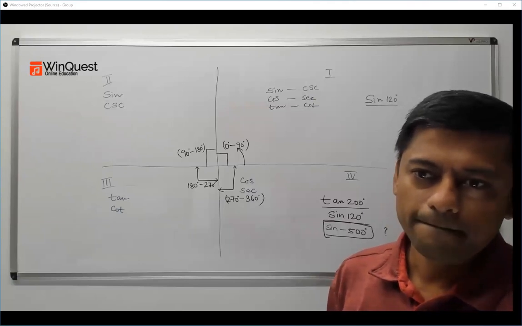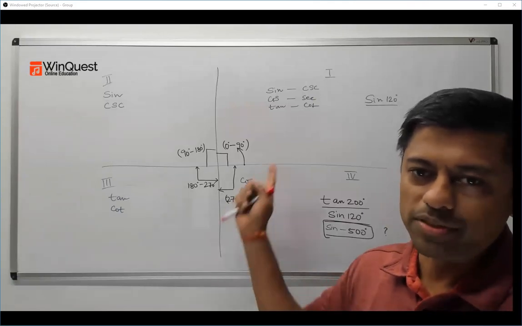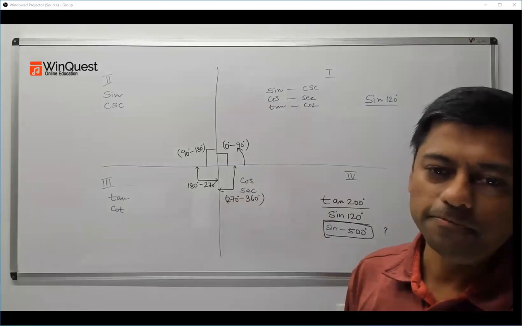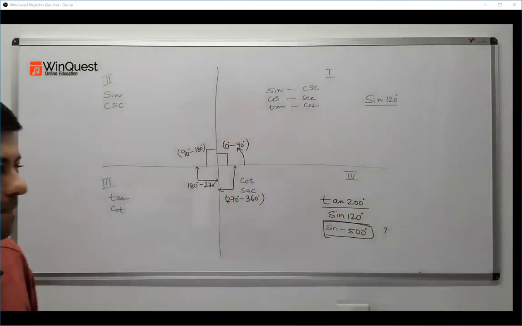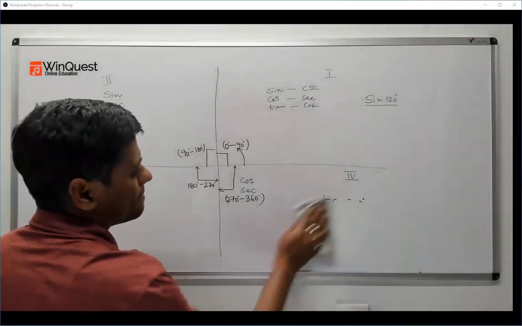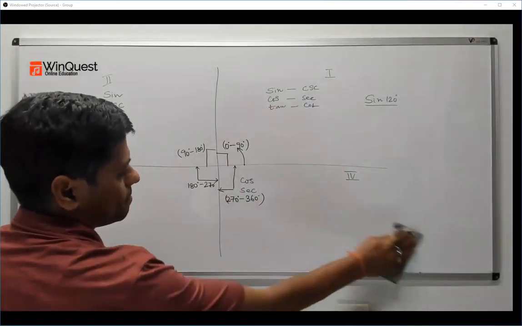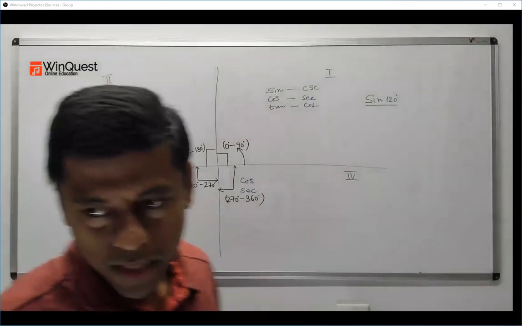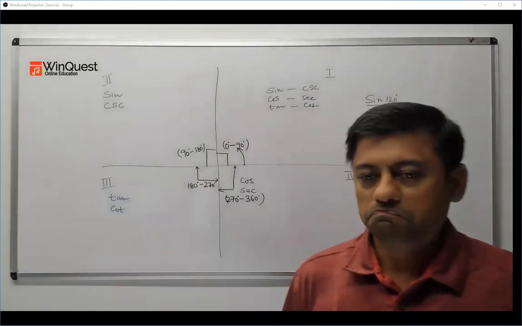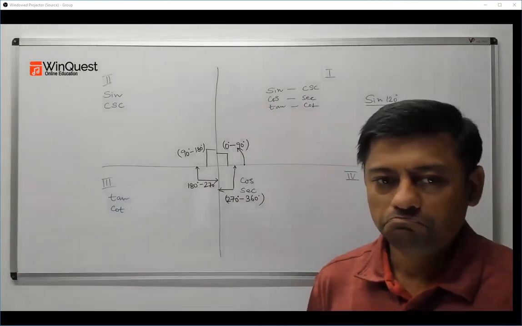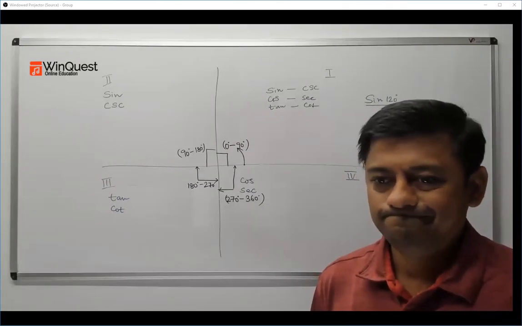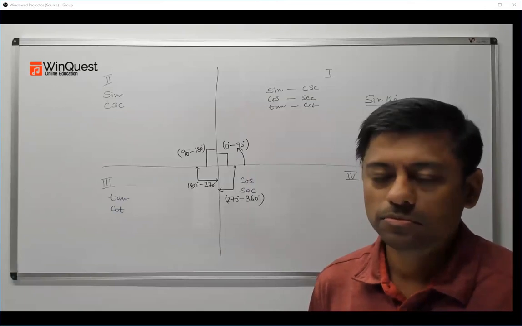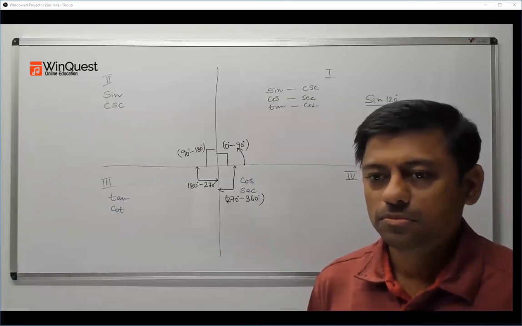Sine of 120 degree, where will it land? It'll land in the second quadrant. Are you sure? Yes, because it's between 90 and 180.